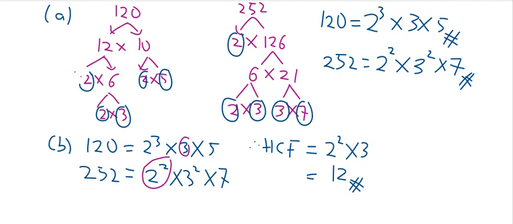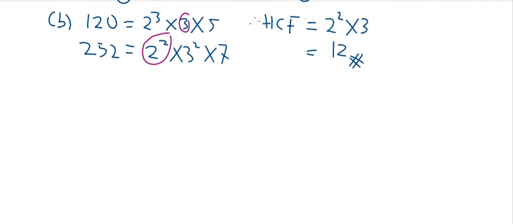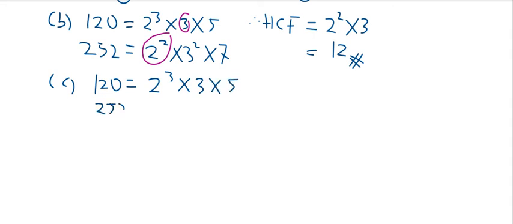And then part C is for you to find the LCM. So same thing, just copy down this power. 2 power 3 times 3 times 5. And then for 252, you have 2 power 2 times 3 power 2 times 7. Now, in LCM, you have to use the higher power of the factors that you have, including the extra factors over here.